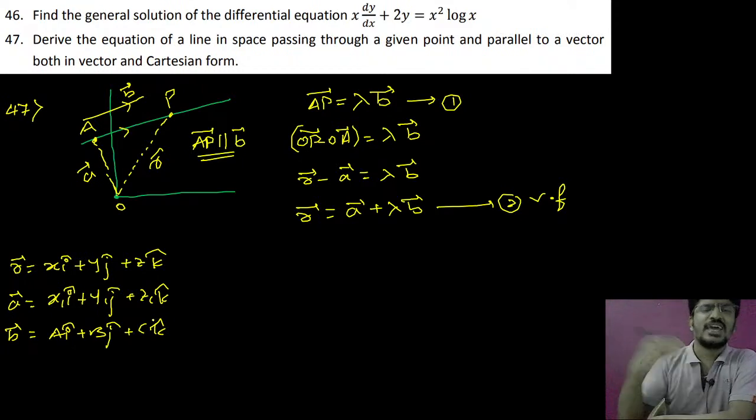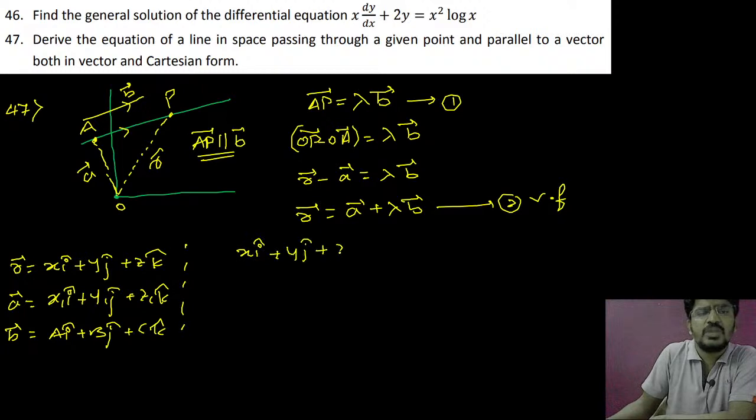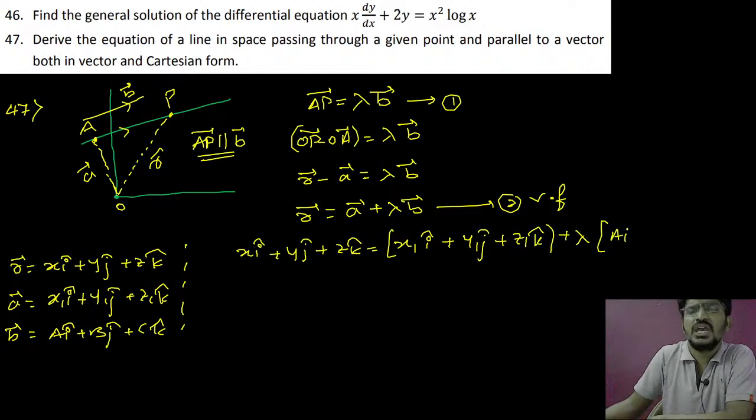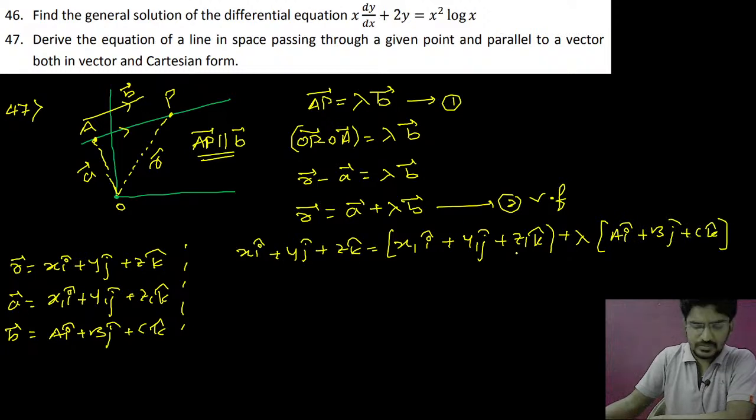So therefore you take capital A, capital B, capital C. Now you can write this as x i cap plus y j cap plus z k cap equal to x1 i cap plus y1 j cap plus z1 k cap plus lambda times of a i cap plus b j cap plus c k cap.